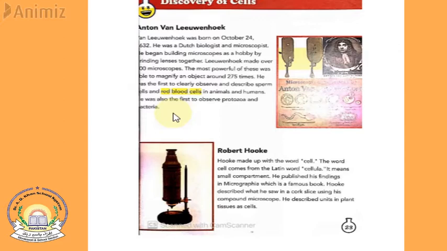He was born in October 1632, and he started building microscopes as a hobby. He was not a scientist doing it for study purposes or other purposes; he basically did it as a hobby.